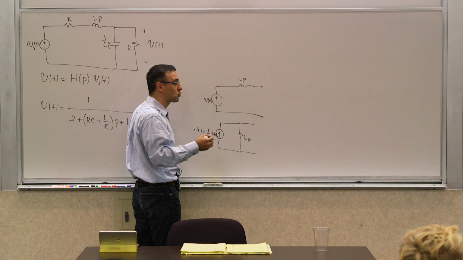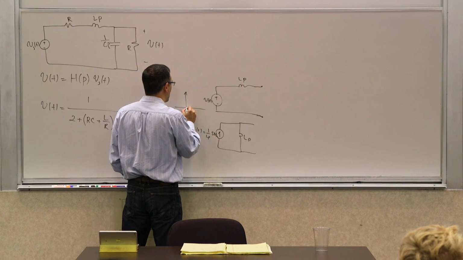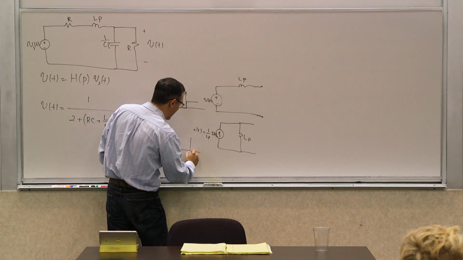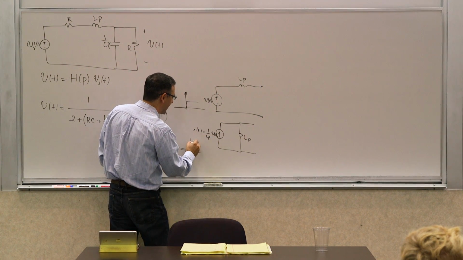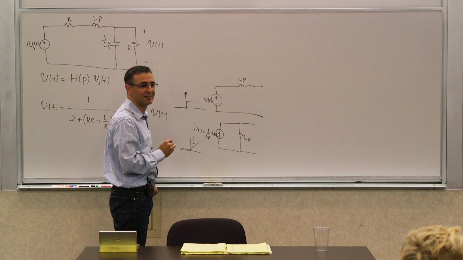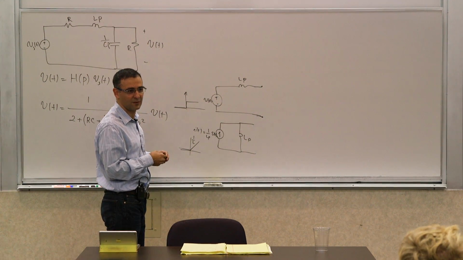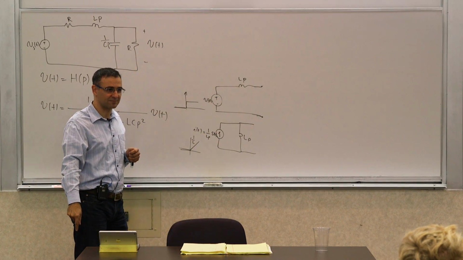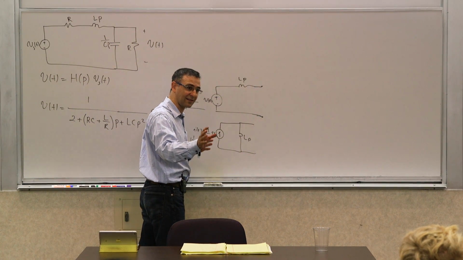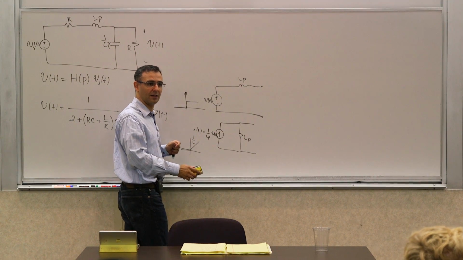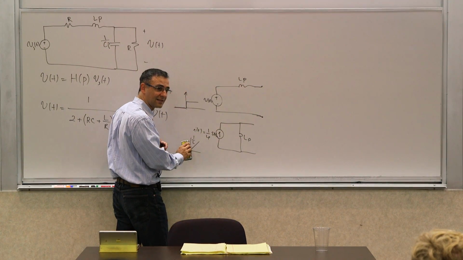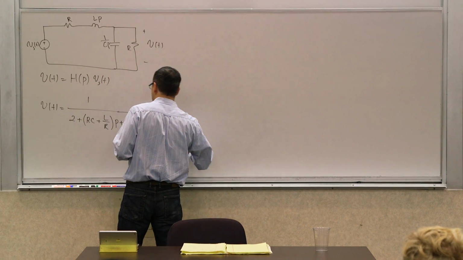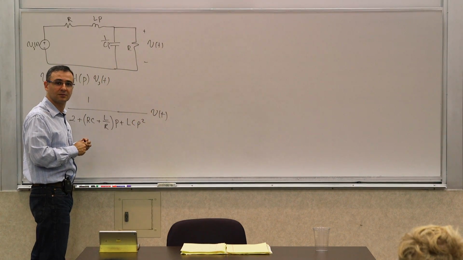For the sake of argument, if your input was a step, then to be equivalent, this needs to have a ramp scaled with 1 over L. So you have to think about these as really operators operating on things, and you have to be careful about that. But you can deal with it as long as you're careful and consistent. But anyway, let's continue. Any other questions before I continue?